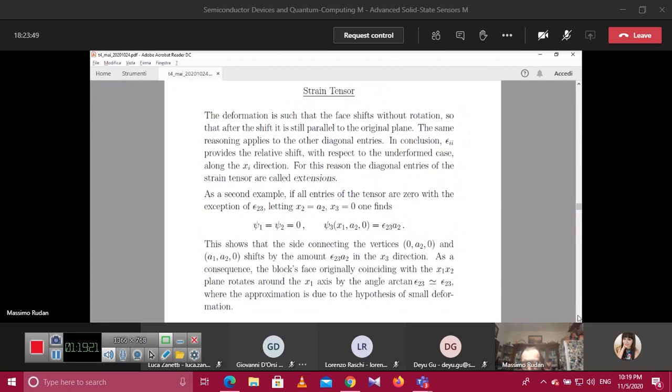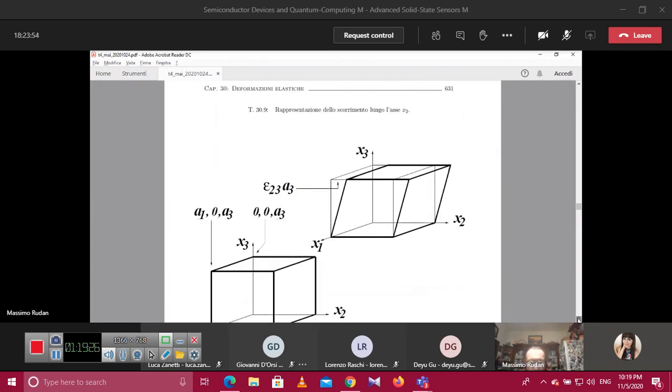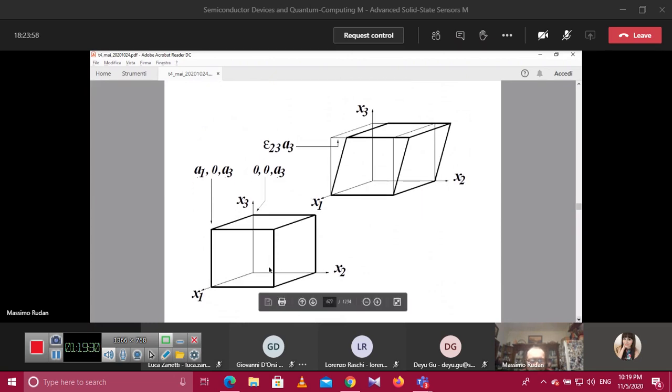But it is much more easily understood in the figure if we start from the undeformed situation and we want to understand what happens to this line that is originally in this position, okay, and the vertices of this line are A1, 0, A3, and respectively 0, 0, and A3, okay.